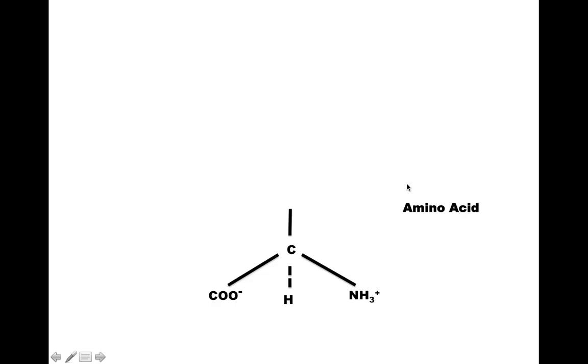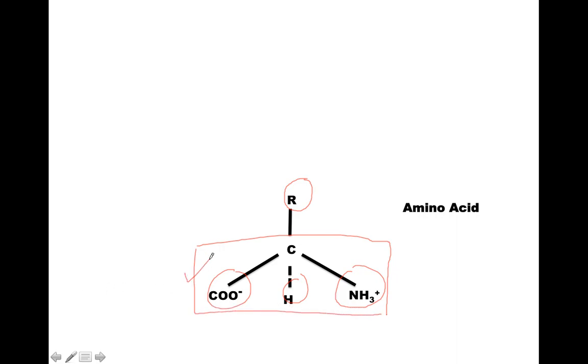Now let's see, if we see an amino acid, there is a carboxyl group, there is an amino group, a hydrogen atom, and an R group. If we see the amino acid structure, this part, the carboxyl group, amino group, and hydrogen atom is common to all the amino acids.